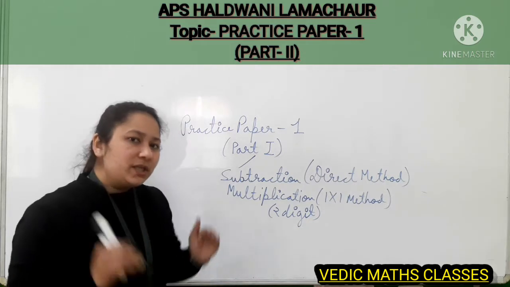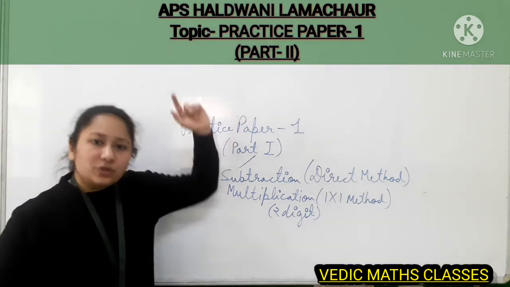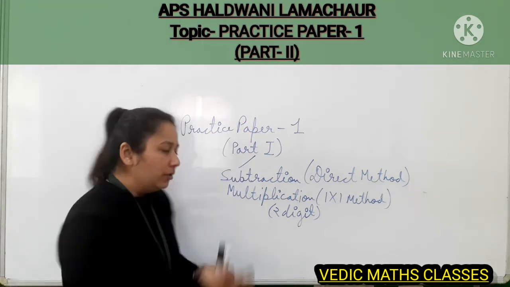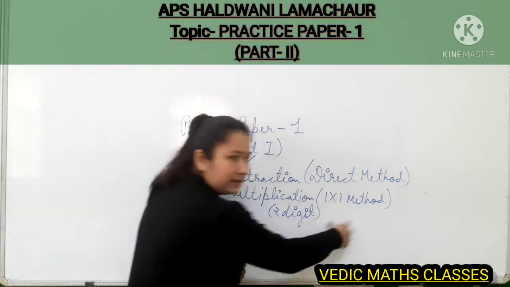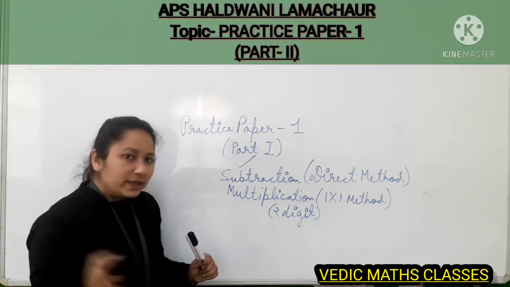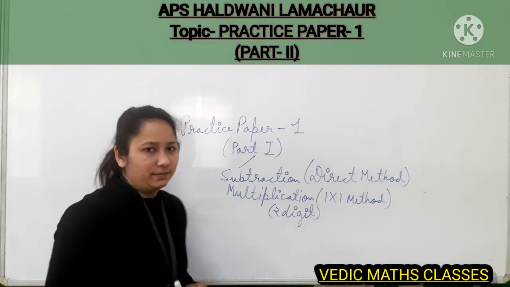So in today's video, we will do practice paper 1 part 2. And in part 2, we will do the sums related to multiplication IXI method, but not 2-digit, 3-digit, 4-digit and 5-digit. So let's start kids with the first sum.